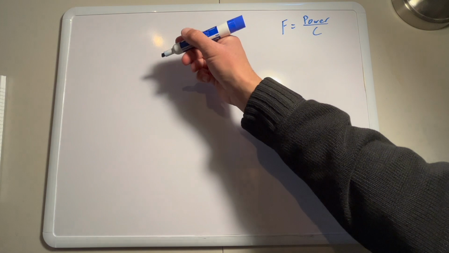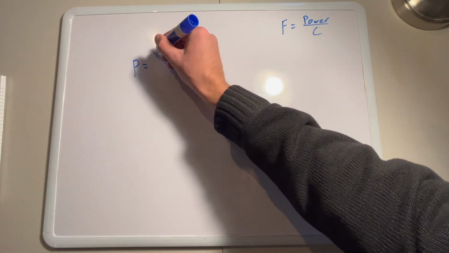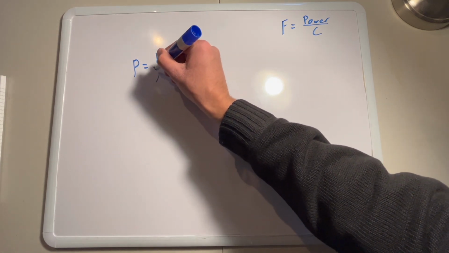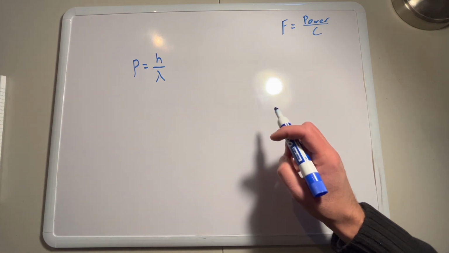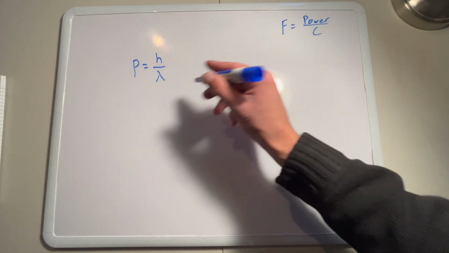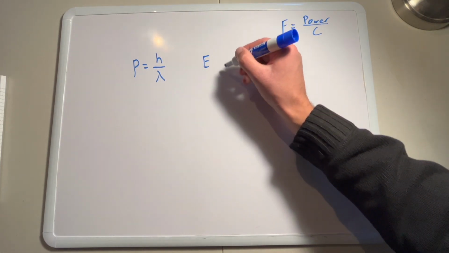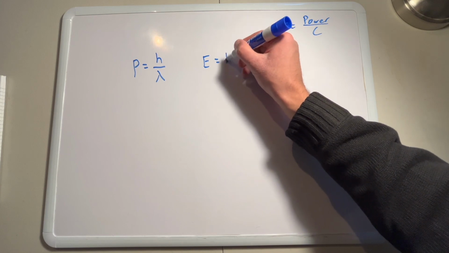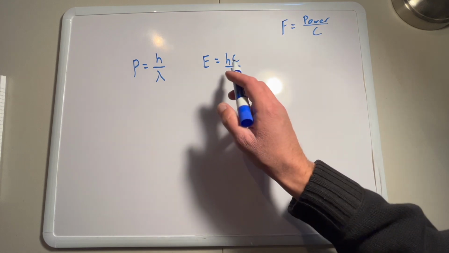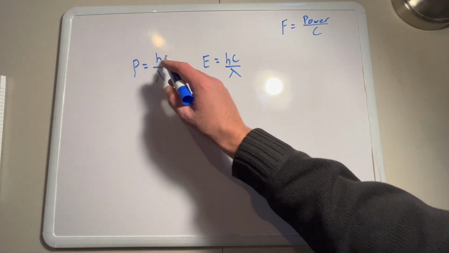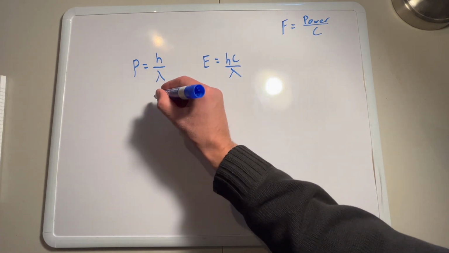Let's have another look at our equation for photon momentum. We have h over lambda, and that is quite similar to the equation for photon energy, right? For that we had E is equal to hc over lambda. So to relate these two, let's multiply and divide this by c, which doesn't really do anything, it's just a new way to write it.